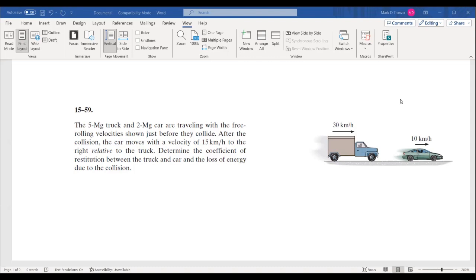That's important to understand: that doesn't mean its absolute speed, but how fast it's moving away from the truck. And determine the coefficient of restitution between the truck and the car and the loss of energy due to the collision.